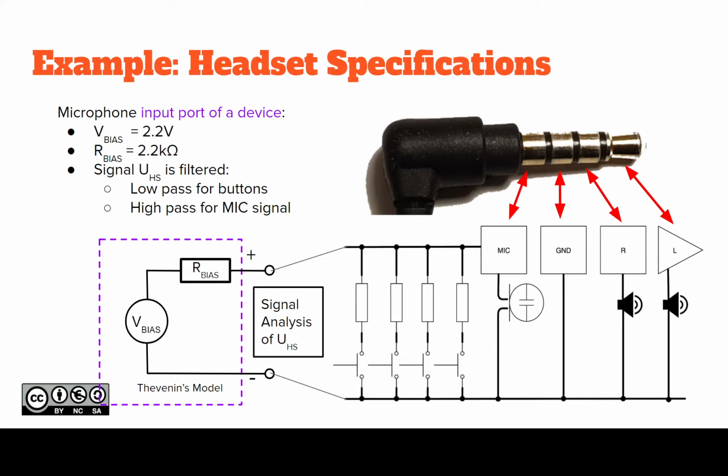Compared to this, the microphone signal is, say, maybe 100 hertz to a couple of kilohertz, the human voice frequency range, so 200 to 2 kilohertz or something like that.